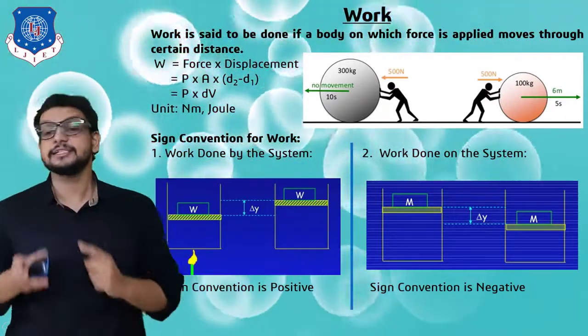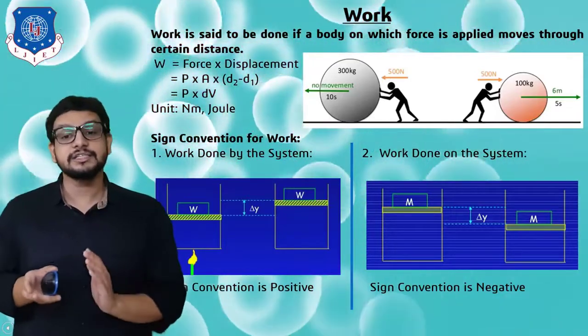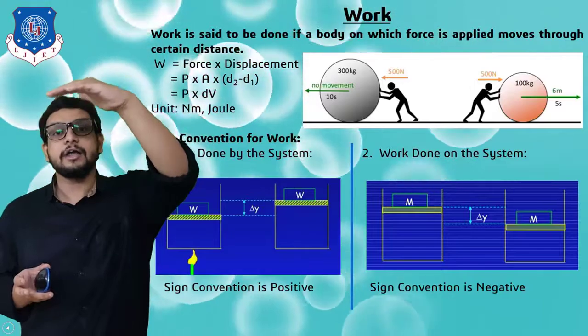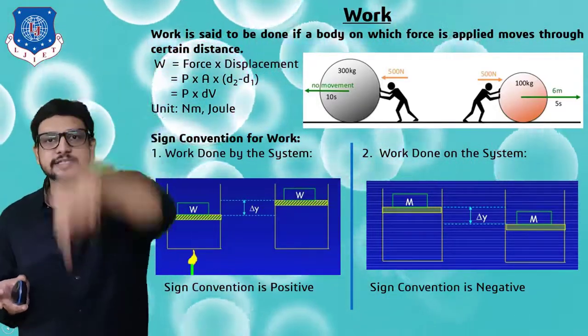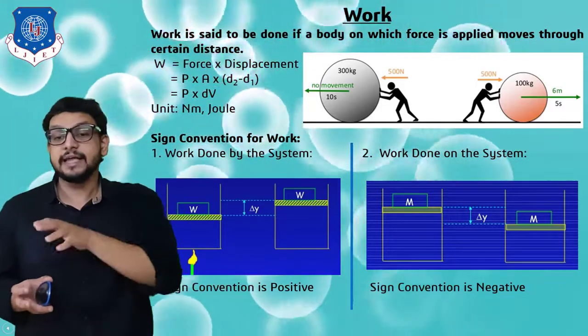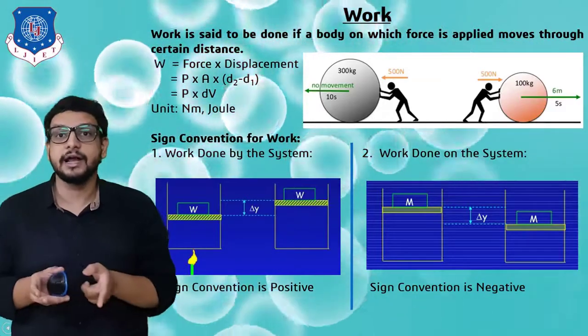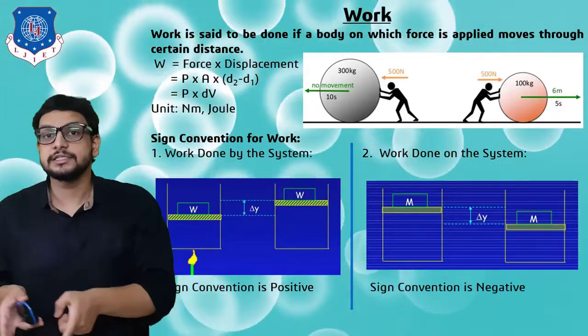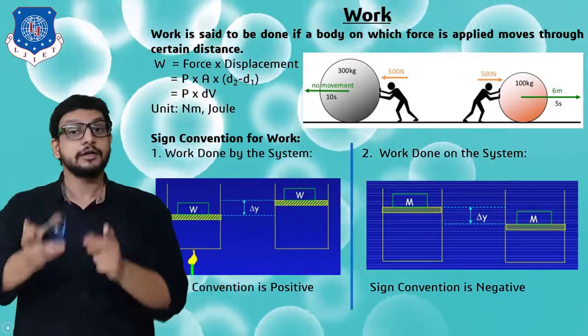Whereas in the second case, as you can see, work is done on the system. In the initial state, the piston is at a higher volume, whereas in the second case, a force is applied on the piston for compressing the gas. So in the second state, the piston has moved in a downward direction, indicating that work is done on the system for increasing the pressure of the gas, or for compressing the gas.